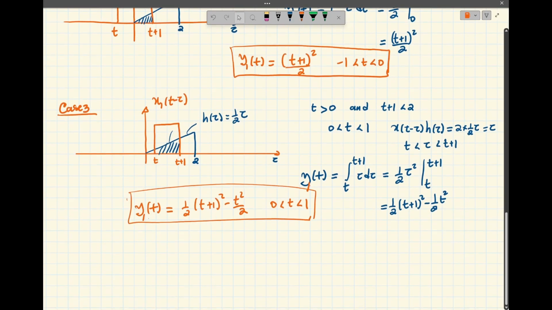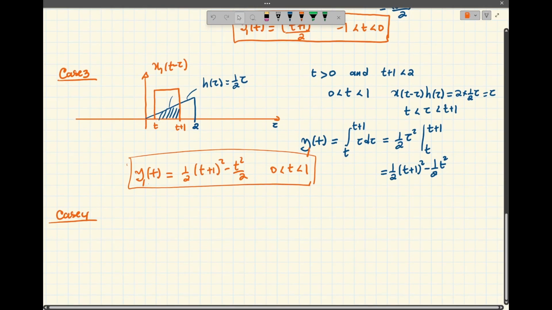So case 4. For case 4, what do we have? We have the h, which is this 2, and the x1 will be like this. So t plus 1, and the overlap is here.